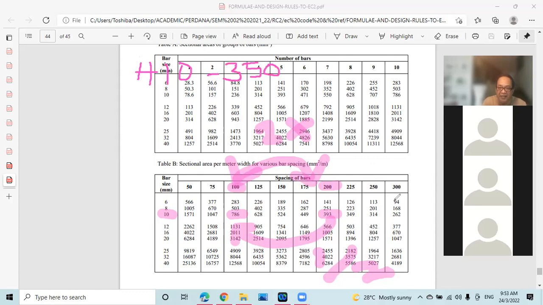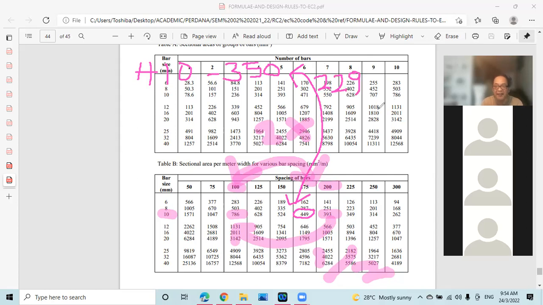Looking in the table, there is no 350, 300 is the maximum. So what we do is, 350 is now taken as, if we divide 350 by 2, it is 175. We have H10 at 175, which is 449. So H10 at 350 would be half of 449, 228.5.